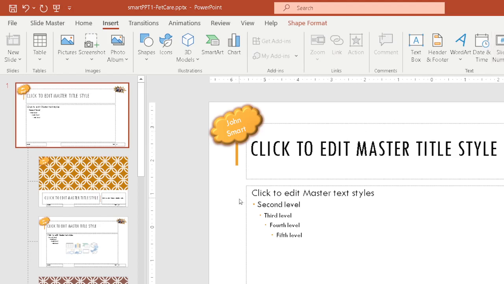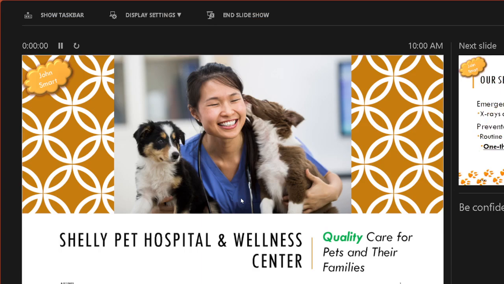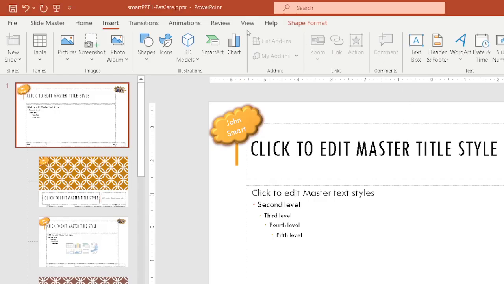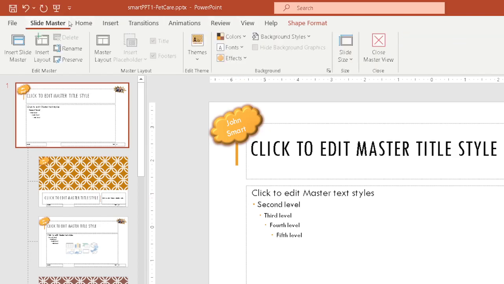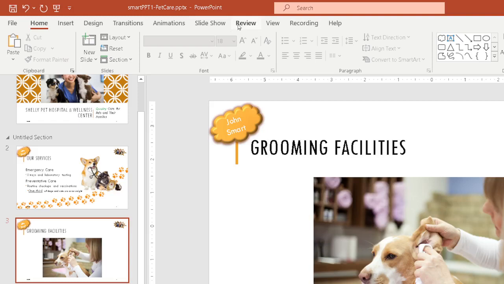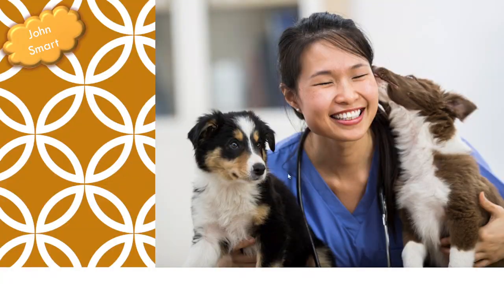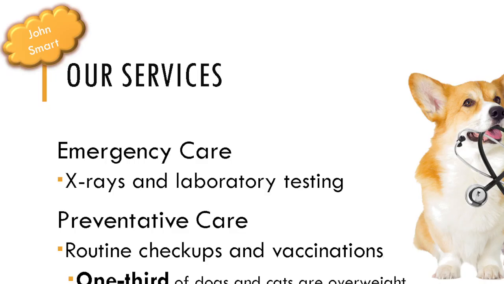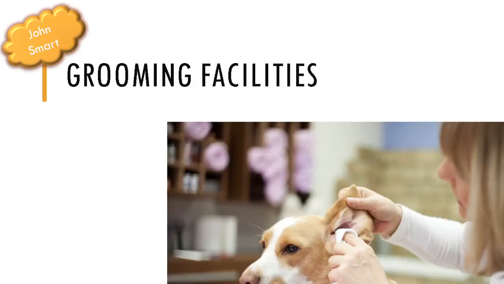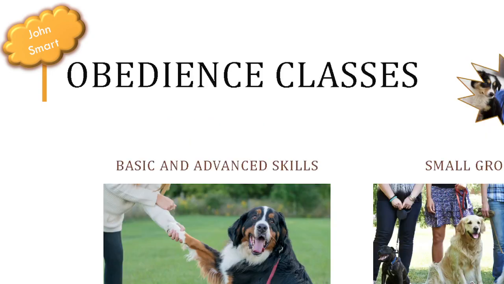Now if I play my presentation, I'm going to close my slide master and switch to the slideshow setup to show on this presentation. Now as I view it, I'll see my extra graphics showing on every slide.